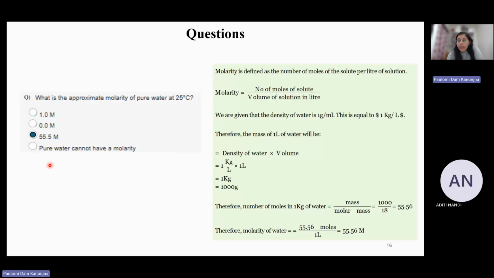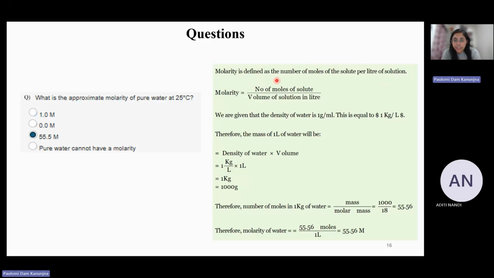Let me just go over it once again quickly so that people who were not able to solve it can at least see the logic behind it. The question says, what is the molarity of pure water at 25 degrees centigrade? Molarity is the number of moles of solute per liter of solution.